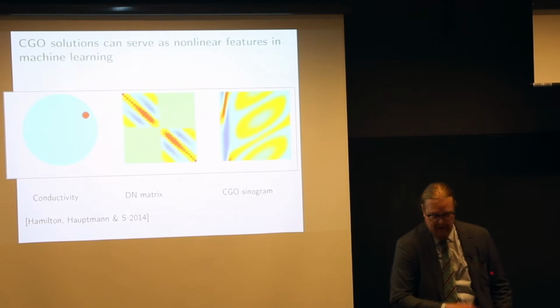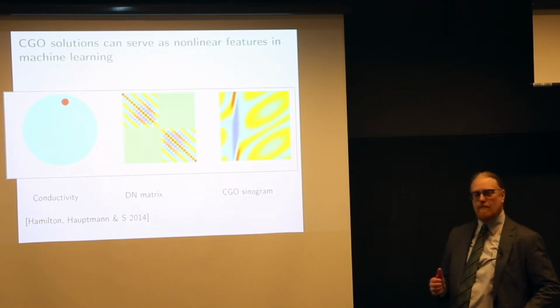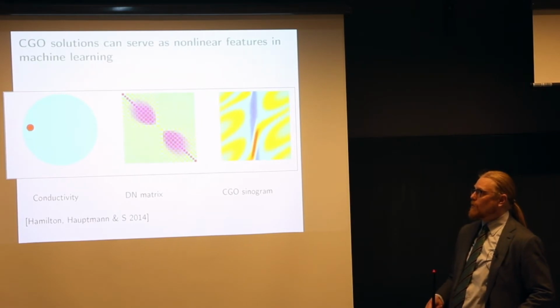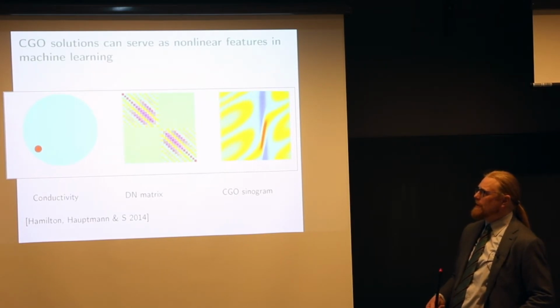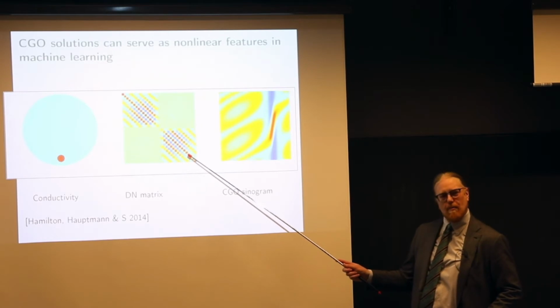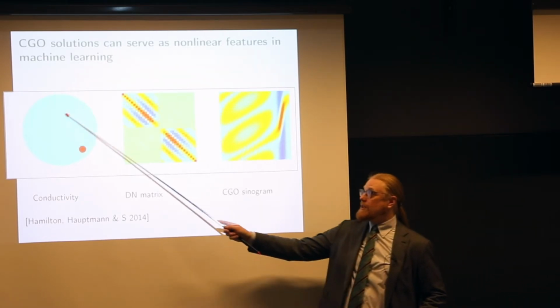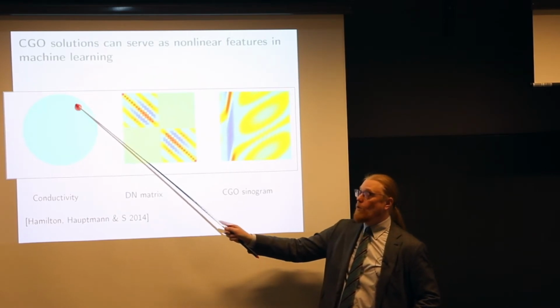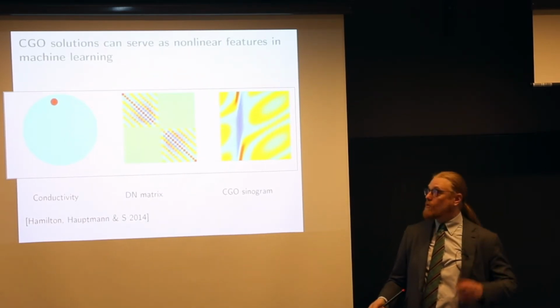Also, this is another thing we did with Sarah and Andreas. This was before any of us really went into the machine learning business. We had this idea already 2014 that this is now the measurement matrix we have. So this is a very simple conductivity background 1, and this is a conductivity 4 disk moving around.